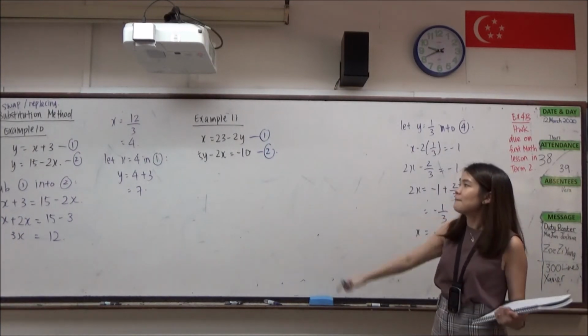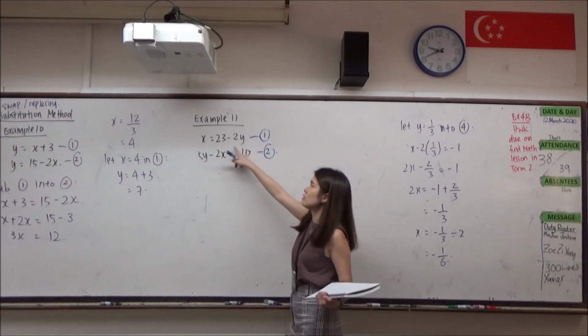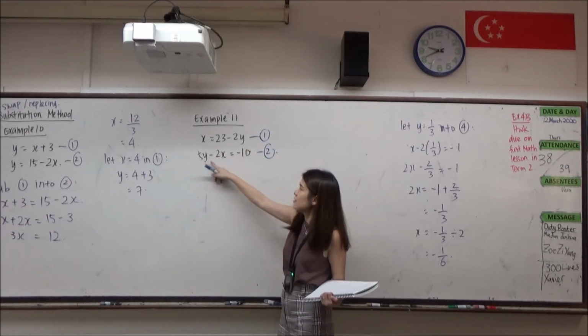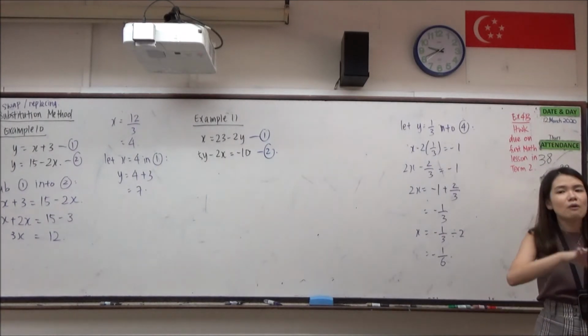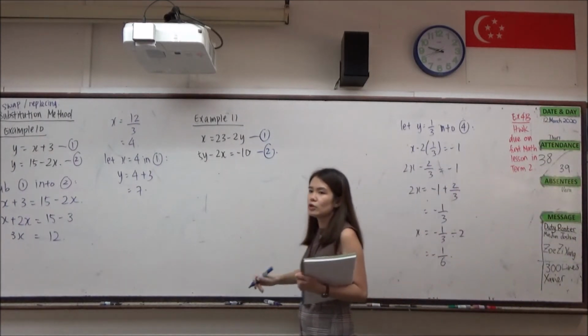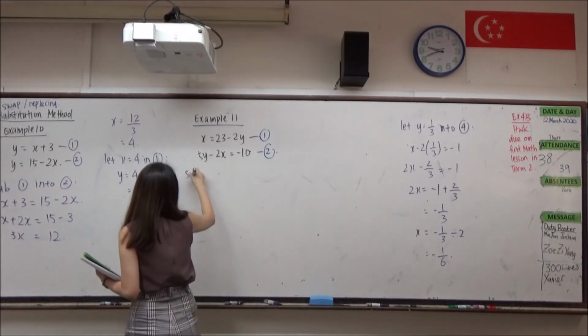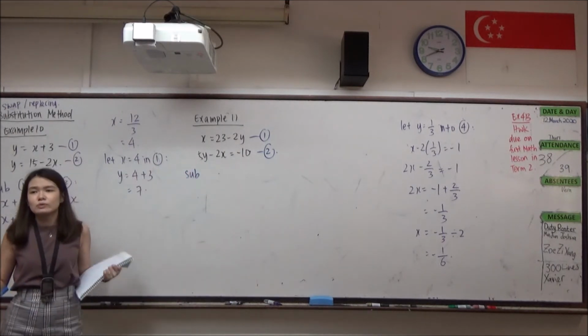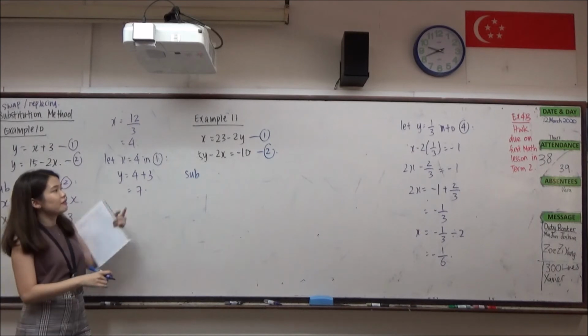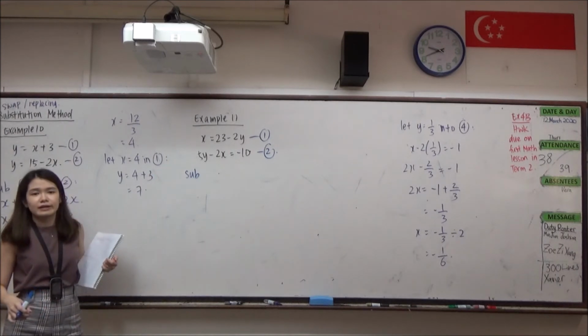Okay, now example 11. We have x equals 23 minus 2y and 5y minus 2x equals negative 10. How will you do this substitution? What will you replace? We are told that x equals 23 minus 2y, and 5y minus 2x equals negative 10.